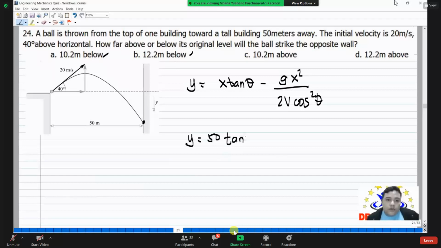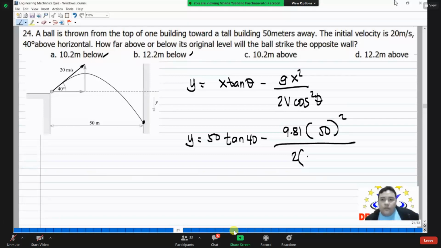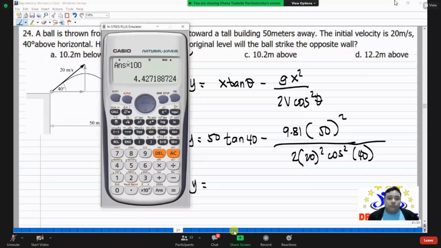So 50 times tangent of 40 minus 9.81 multiplied by x, which is 50 squared, all over 2 times our velocity, which is 20 squared cosine squared of 40. So, y is equal to what?